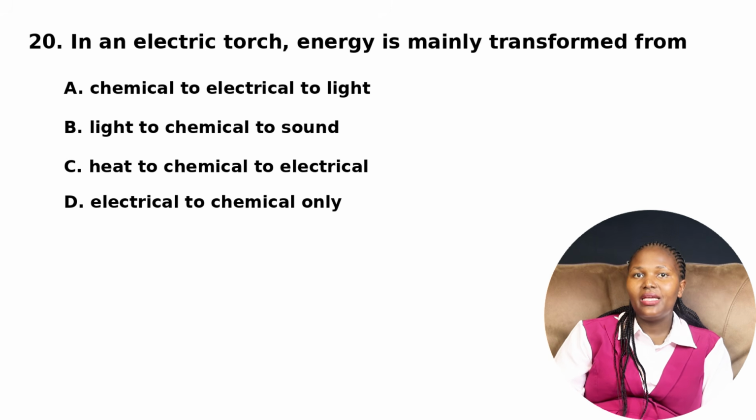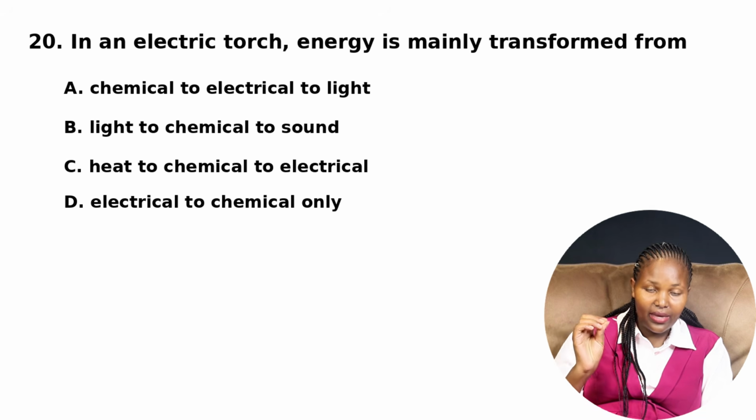Then option B, the sequence does not occur in a torch, because B is saying light to chemical sound. This does not occur in a torch. And then C, heat to chemical to electrical. No, it does not start with heat then chemical to electrical. A torch is not powered by heat.